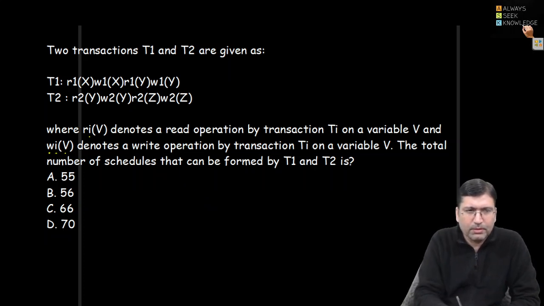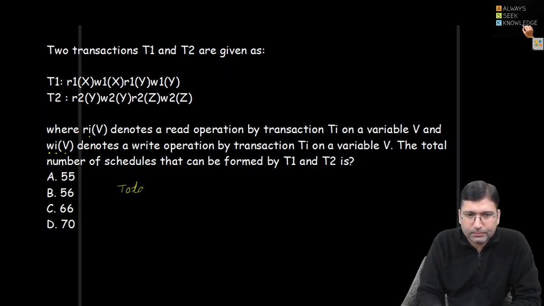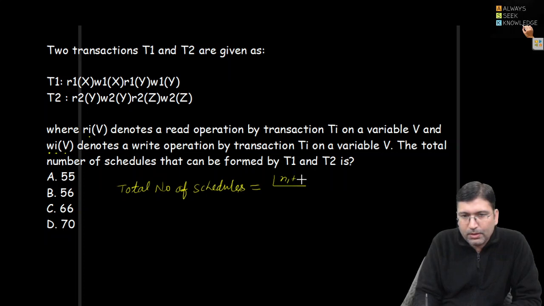So please remember the formula to calculate the total number of schedules. You can note down: total number of schedules will be equal to the factorial of n1 plus n2, divided by factorial of n1 and factorial of n2.